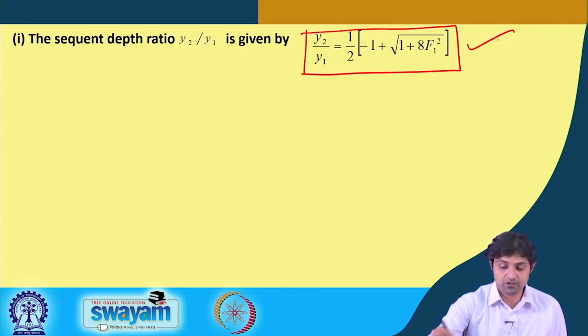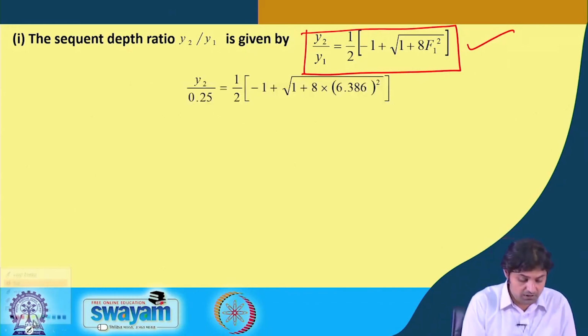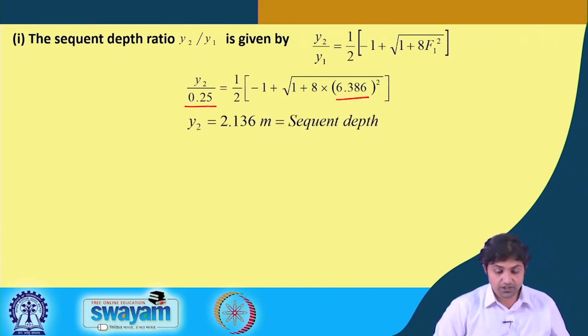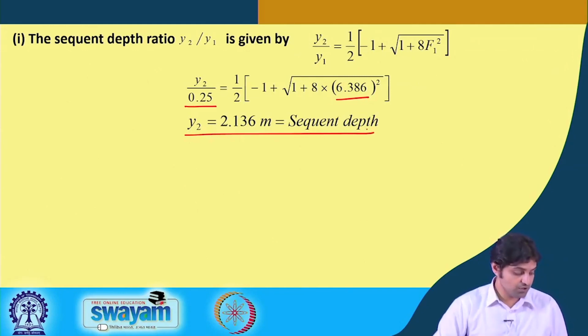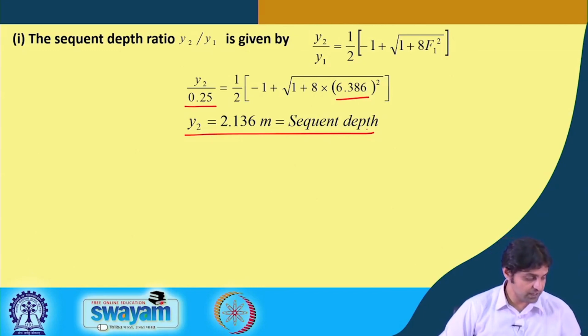This we have derived, you remember, and putting in the values, the Froude number came out to be 6.386, and y1 we were given that it is 0.25 meter. So, y2 will come out to be 2.136 meter, which is called the sequent depth, all right.